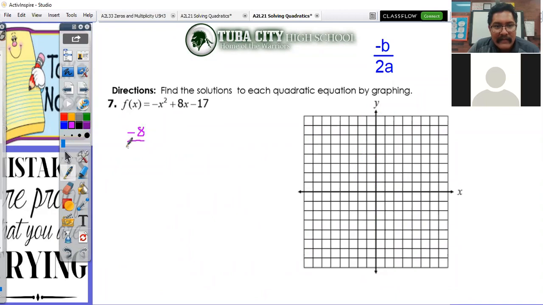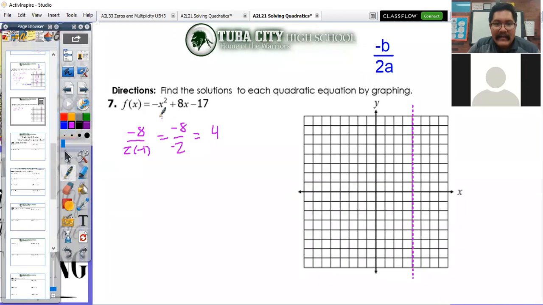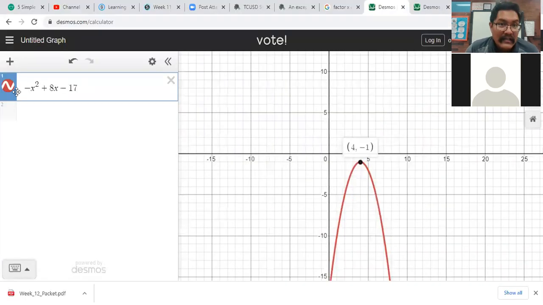So -8 divided by 2 over -1. This is going to be -8 over -2, and 8 divided by 2 is 4. So I know that there will be an axis of symmetry at 4. Plug that back in, and I shall get, well, in this case, I'm going to save some more time because I just have this graphed already.